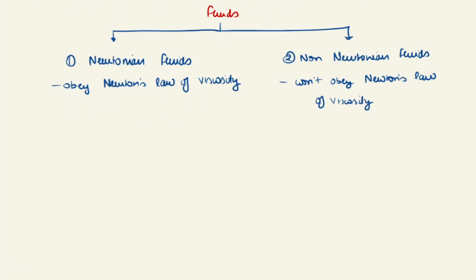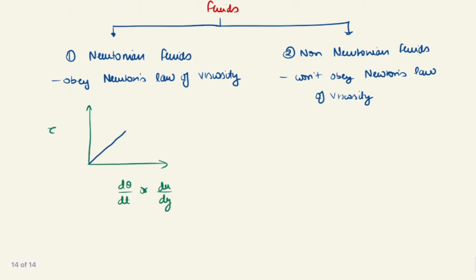What is Newton's law of viscosity? So here I plot a graph of shear stress versus rate of shear deformation, that is d theta by dt, or you can also say du by dy. So their graph would look something like this. It's a straight line.